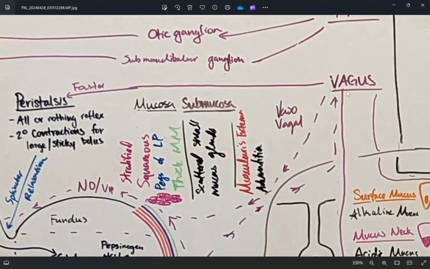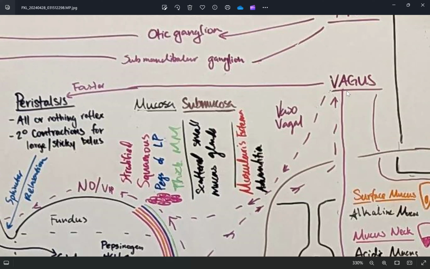In particular for the esophagus, you have stratified squamous epithelium. With the lamina propria, you have pegs of them in your mucosa. Your muscularis mucosae in the esophagus is thicker in comparison to the rest of your GI tract.